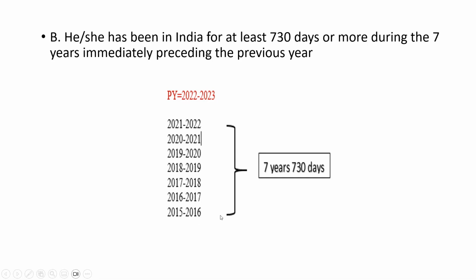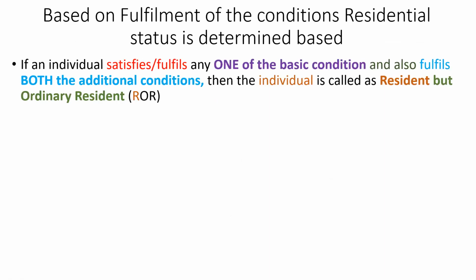In these 7 years, the individual needs to have stayed in India for at least 730 days. A total of 730 days he had to stay. So these are the additional conditions and basic conditions. Based on the fulfillment of these conditions, the residential status would be determined.